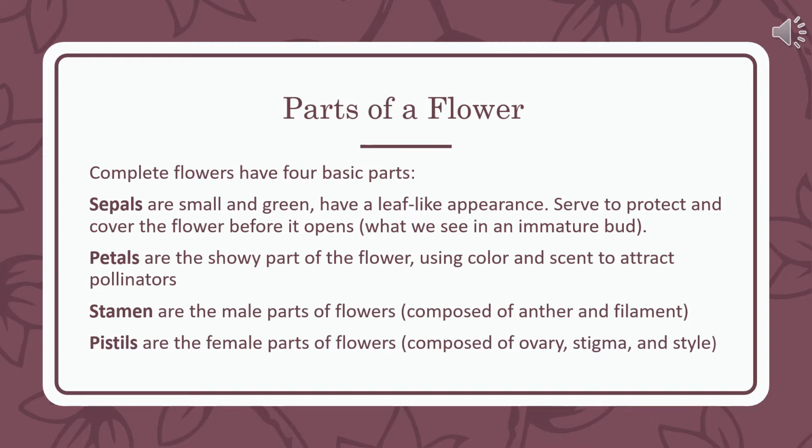Now, obviously, we know the petals. These are going to be the bright, beautiful, showy part of the flower that have color. They've got scent to them at times, and both of those features are meant to attract pollinators. Then we have the stamen. Those are the male parts of the flower, and the pistils, the female parts of the flower.